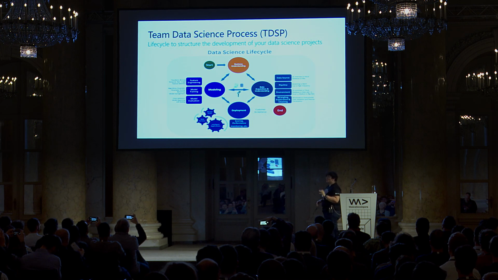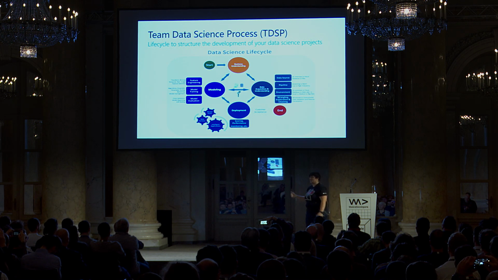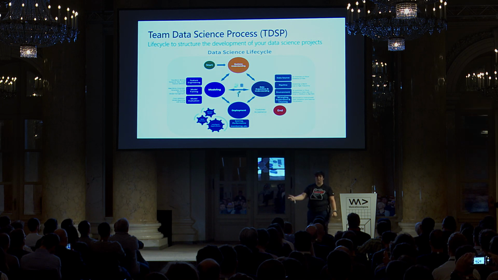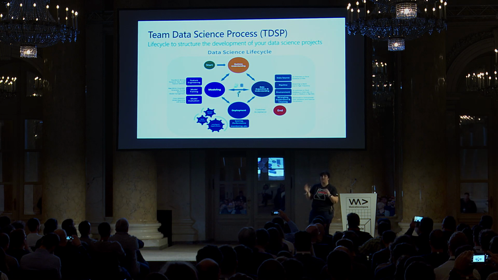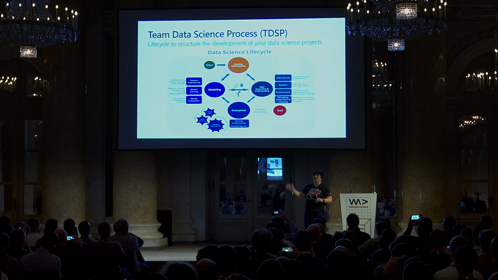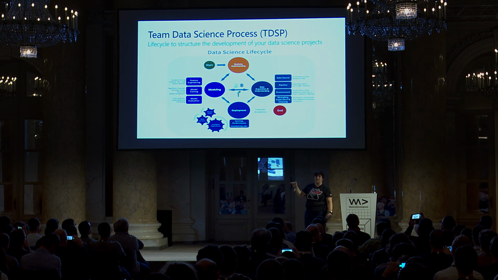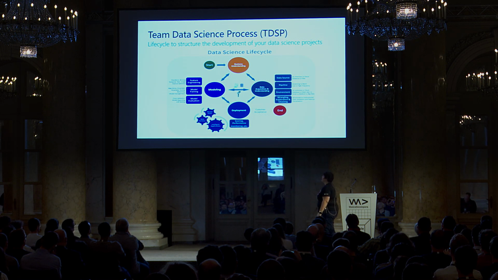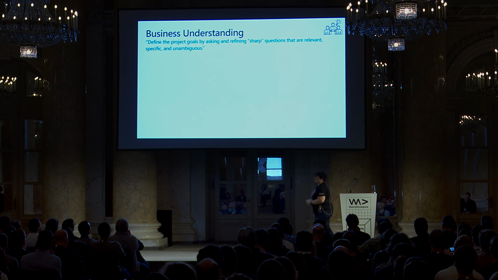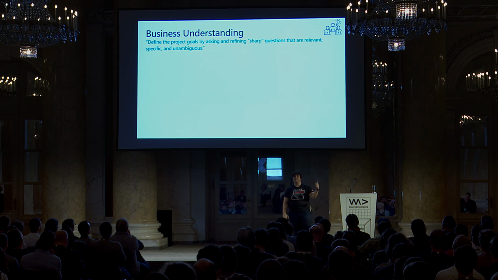And it has four main components: the business understanding, the data understanding and preparation, the modeling, and the deployment, okay? And each of these four steps actually has a set of sub-steps that you need to take care during the process. Now we're going to go into details. So let's start with the first one, business understanding.